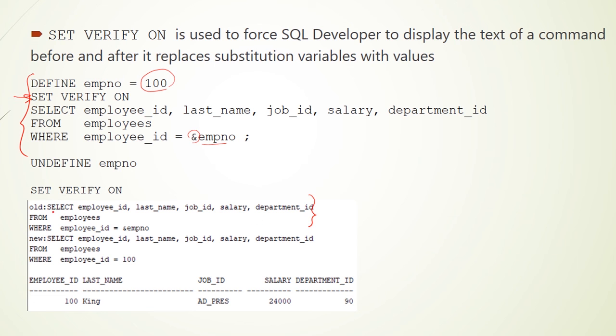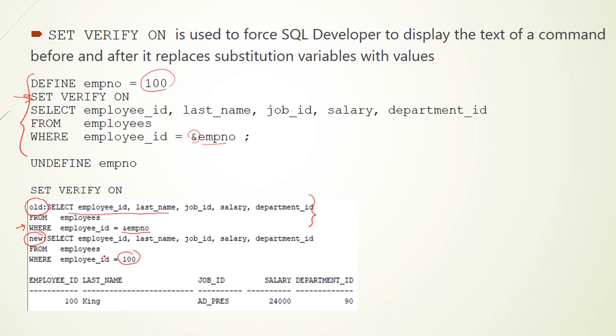As we can see here, this is the old, the select statement before replacing the substitution variable with values: WHERE employee_id = &emp_number. Then it displays the select statement after replacing the substitution variable with the value, shown as new: SELECT employee_id, last_name, job_id, salary, department_id FROM employees WHERE employee_id = 100.